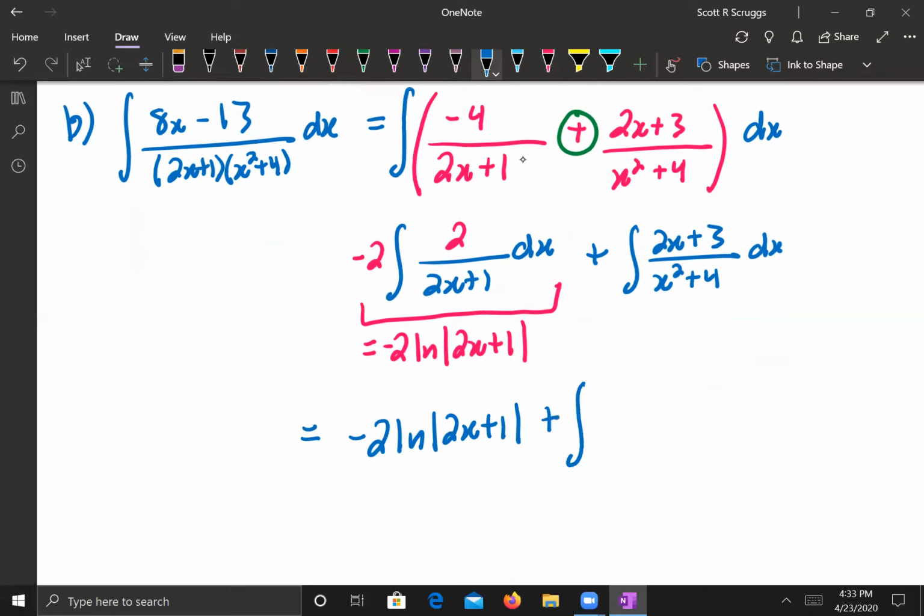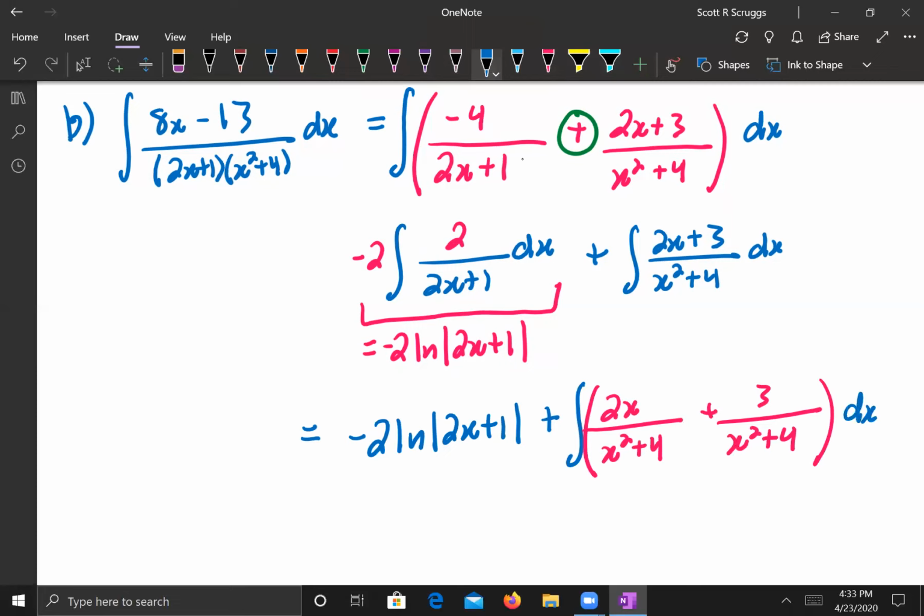And now for the second integral, because I'm dividing by a common denominator of x squared plus 4, I can split this up as 2x divided by x squared plus 4 plus 3 divided by x squared plus 4, dx.